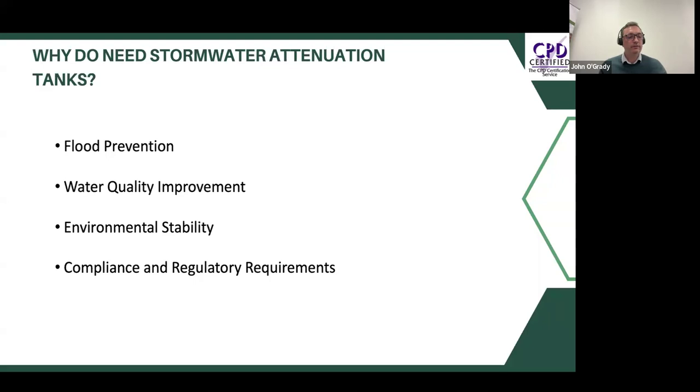When we look at compliance and regulations, in many jurisdictions, you're dealing with regulations and guidelines on stormwater management, to see what the impacts are.